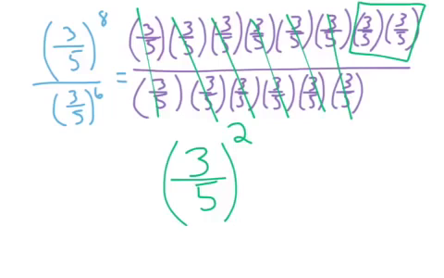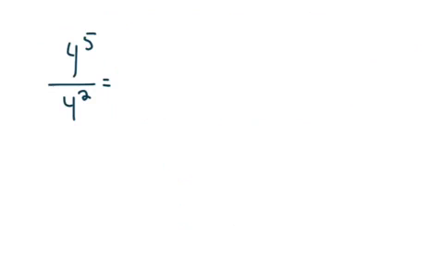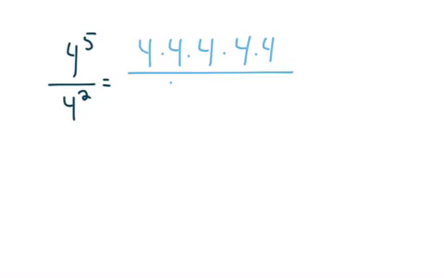And lastly, let's look at one more example. 4 to the 5th over 4 squared. Well, I could do what I've been doing, rewriting it how many times I have my exponent. So I'm rewriting the 4 5 times in my numerator, only 2 times in the denominator. I can cancel out 1, 2.